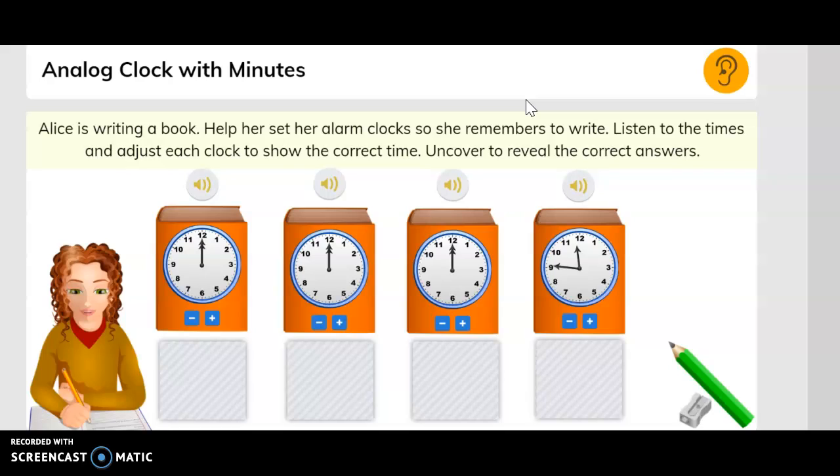Alice is writing a book. Help her set her alarm clock so she remembers to write. Listen to the times and adjust each clock to show the correct time.